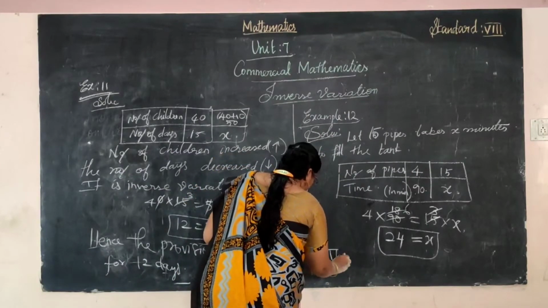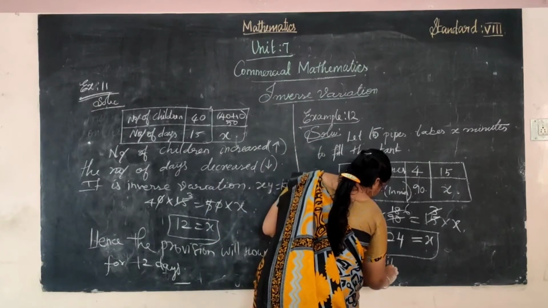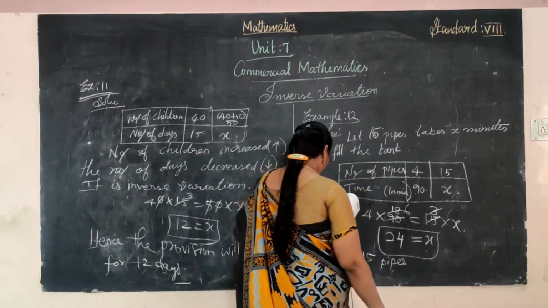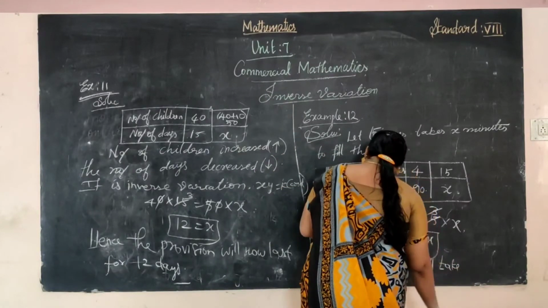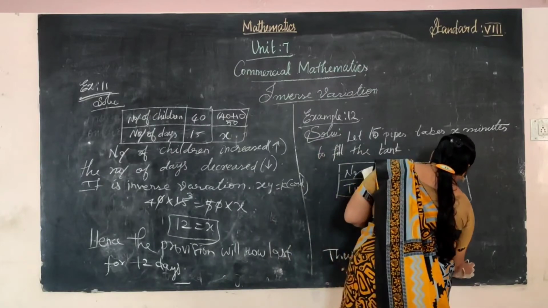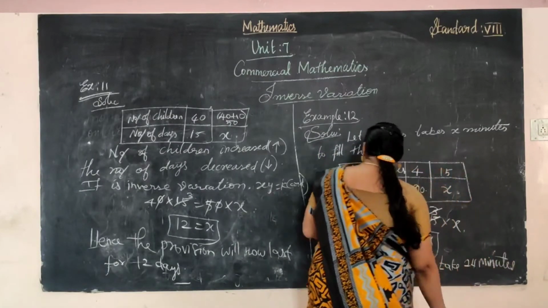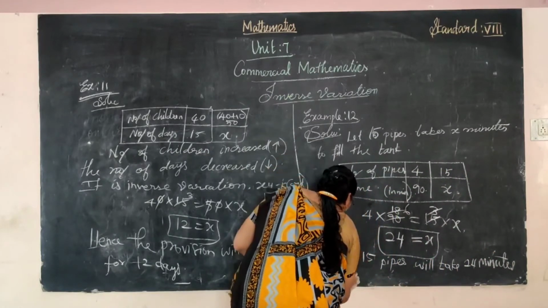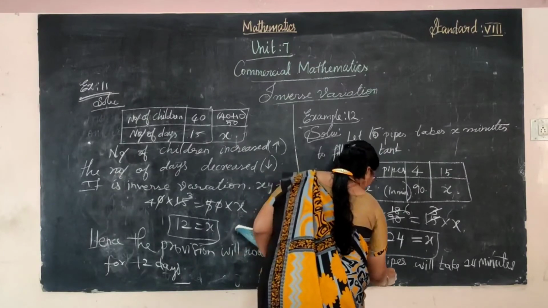Thus 15 pipes will take 24 minutes to fill the water tank.